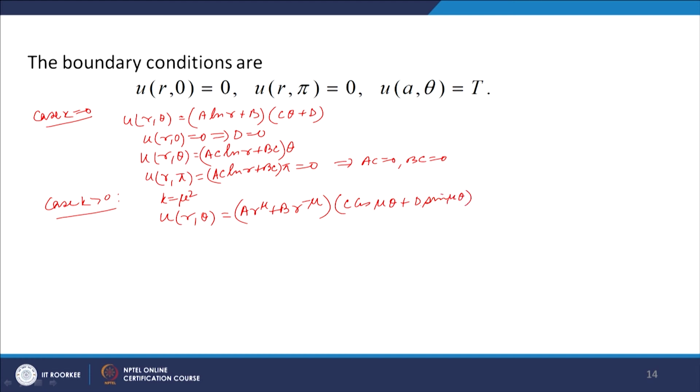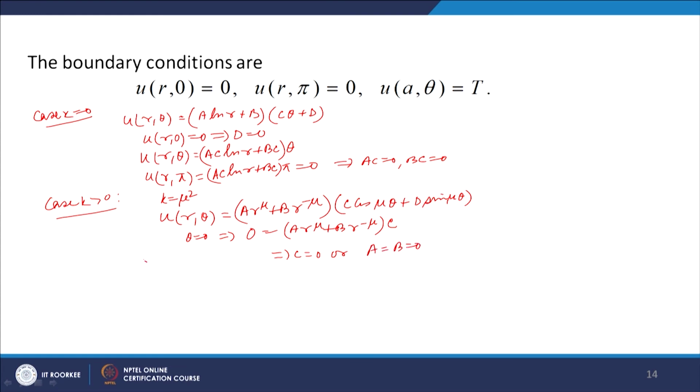Now, here what happens when theta is equal to 0, we have u(r, 0) equal to 0. So, 0 equal to (a r to the power mu plus b r to the power minus mu) into, theta is 0 means what? This is c, this is 0. So, this implies c equal to 0 or a equal to b equal to 0.